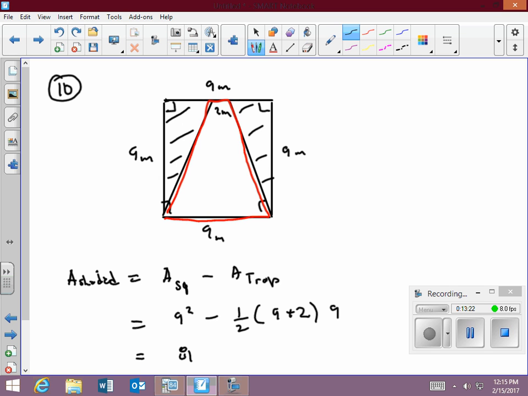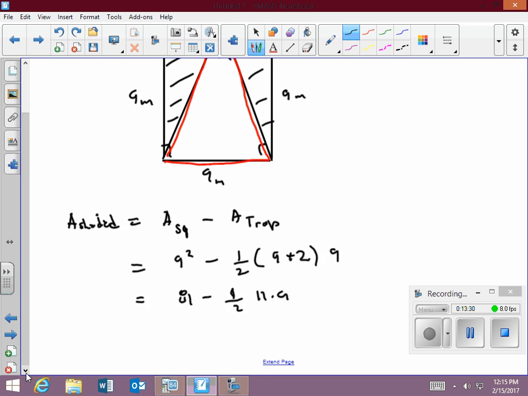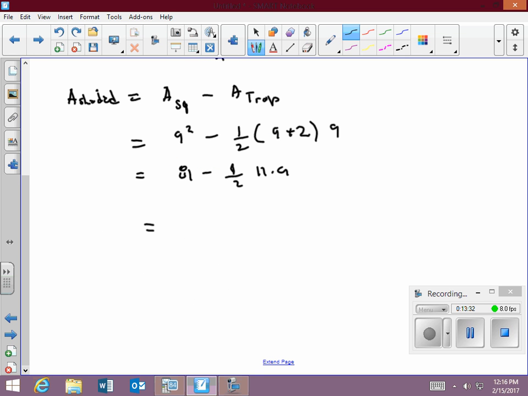This is 81 minus 1/2 of 11 times 9. So it's 99 over 2. What's that? 49.5.